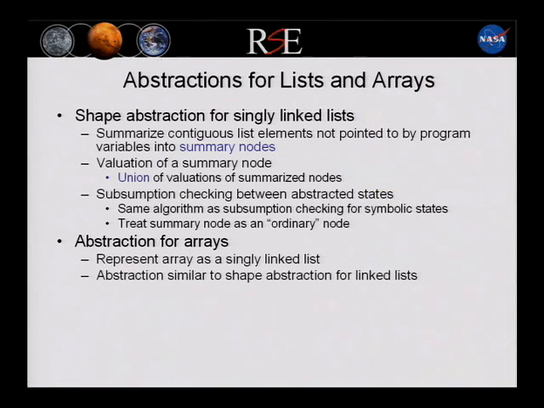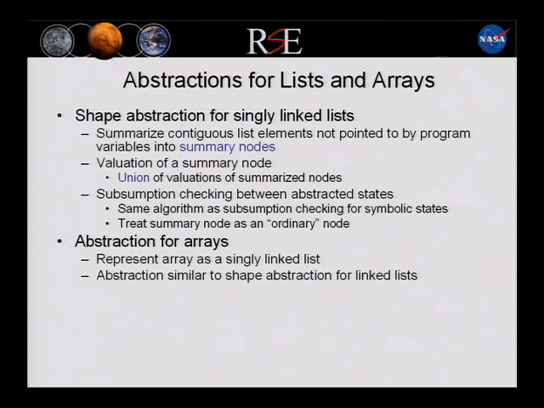So in these particular abstractions for lists, the idea is to summarize contiguous list elements that are not pointed to by program variables into so-called summary nodes. And also the numeric data values that are stored in these nodes are summarized.